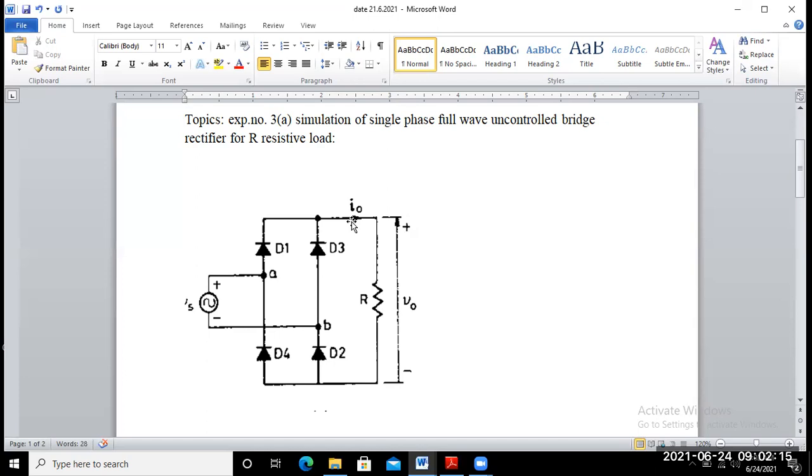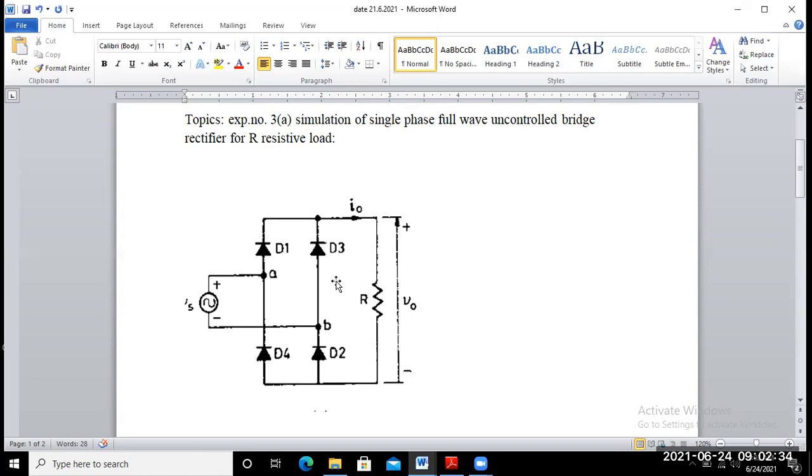So identify this very carefully: which diodes conduct. That means a diode conducts when it is in forward bias. Which diodes do not conduct, those are in reverse bias.